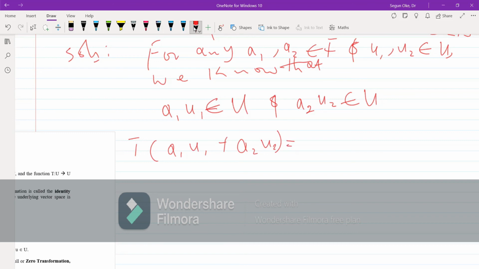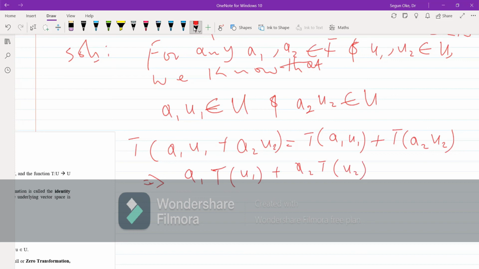which is the same thing as T of A1 U1 plus T of A2 U2, which is the same thing as, I can bring it out gradually, A1 into T of U1 plus A2 into T of U2.